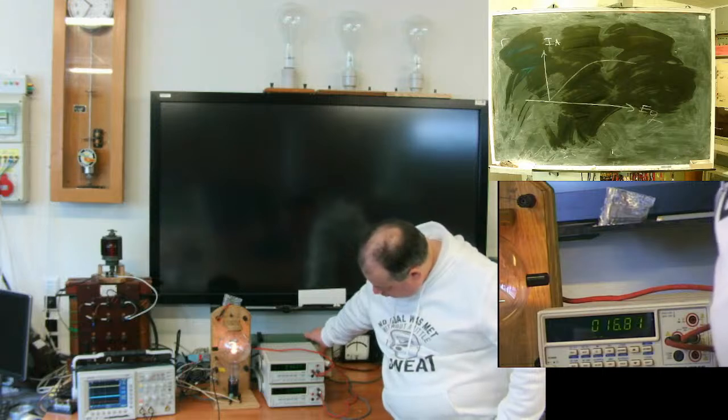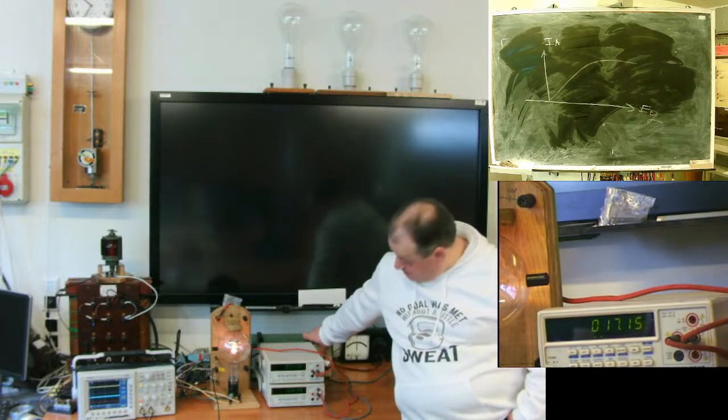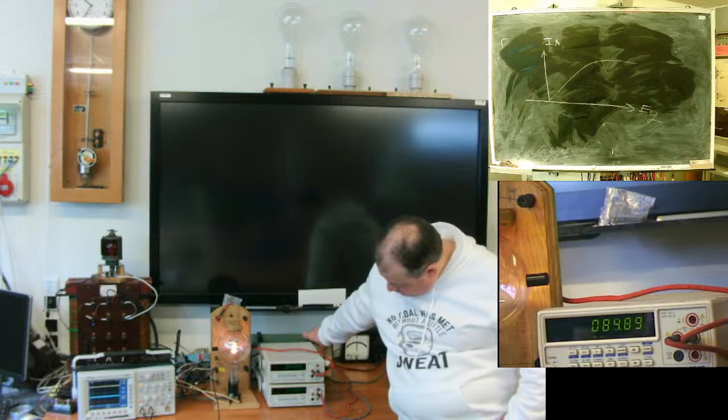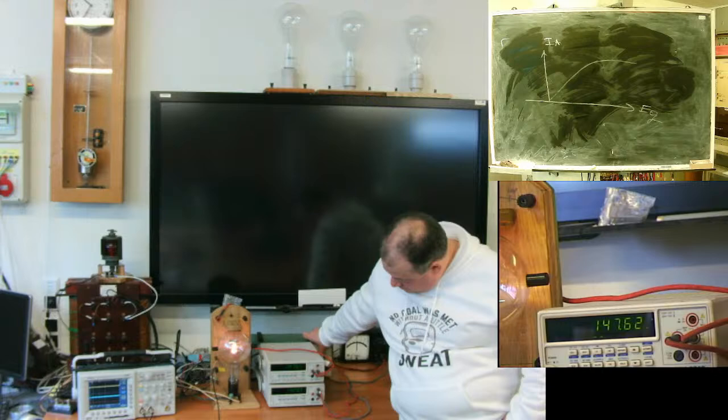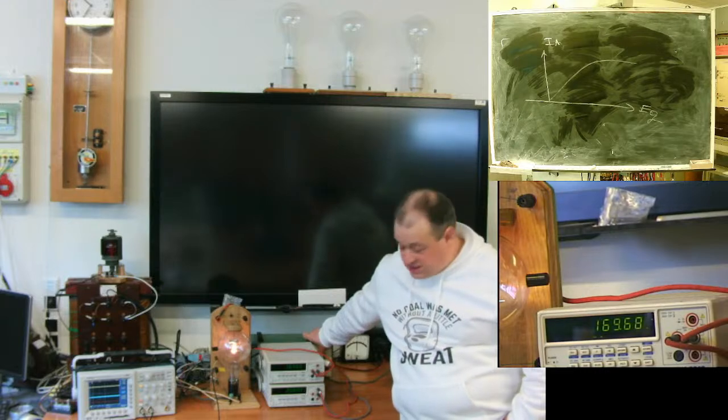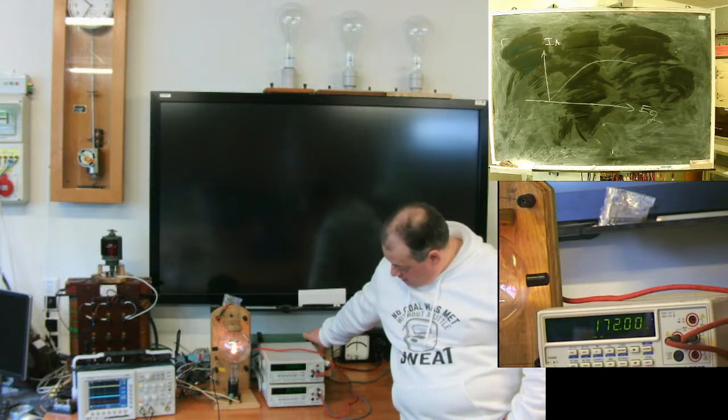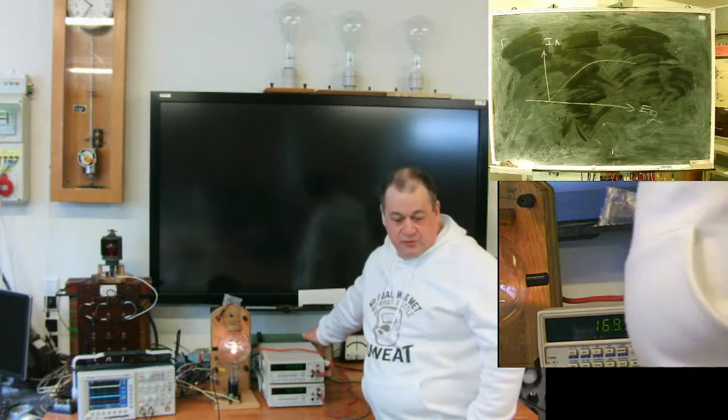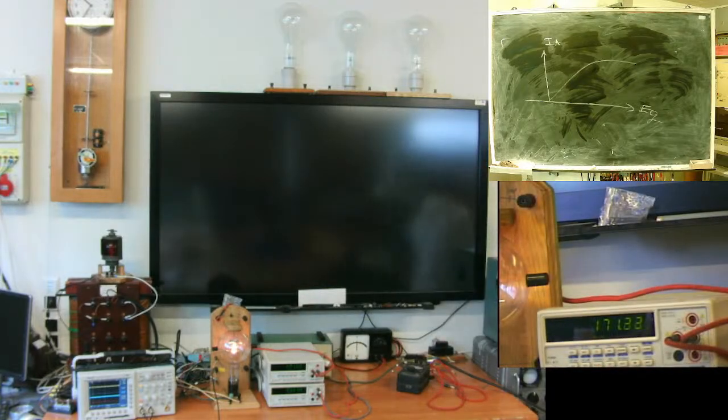Minus 1, oh, we have small current. 5.6, 85. Plus 14, 147. Plus 20, 169. 172, 175. No more growth. After 40 volts, nothing grows.